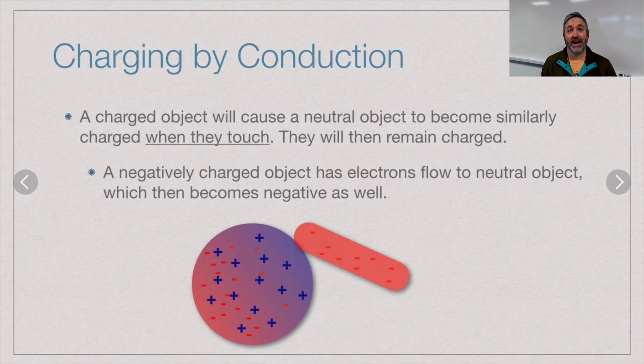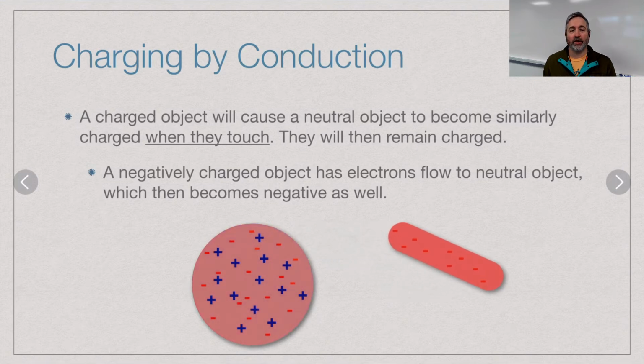Now they don't all flow into the ball. The rod stays negative, but not as negatively charged as it was before. The ball now has extra electrons. So when I move that rod away, the electrons redistribute, and they are now the same charge. In this case, both negative.